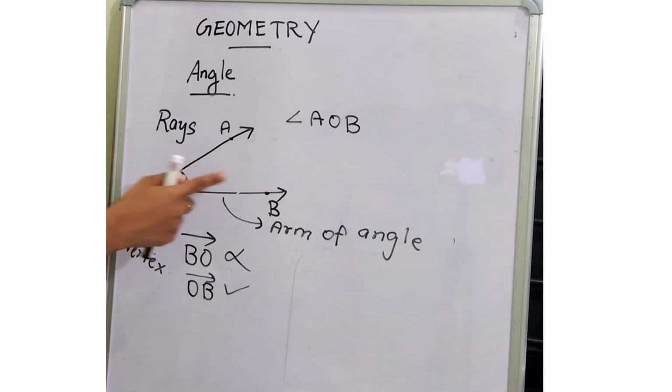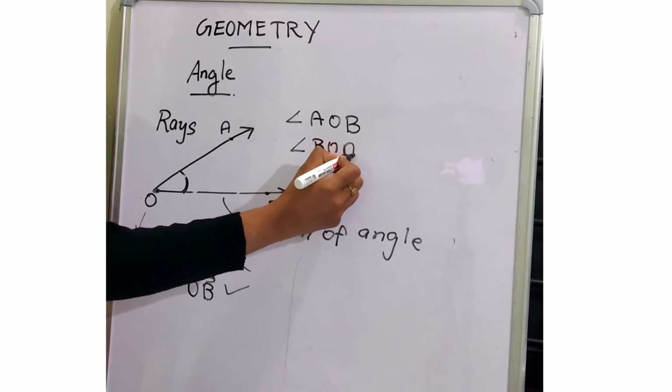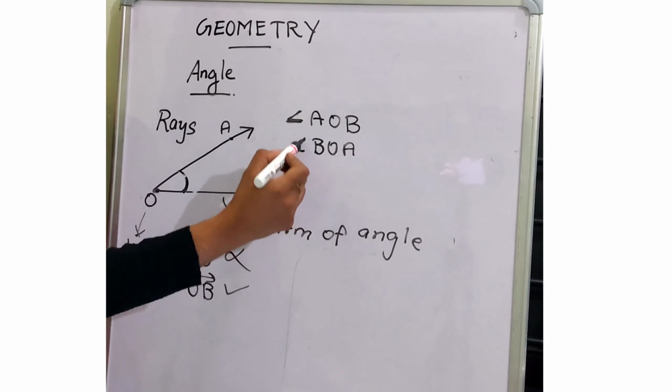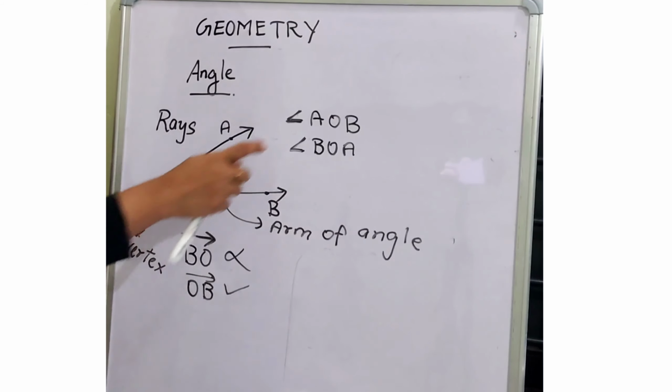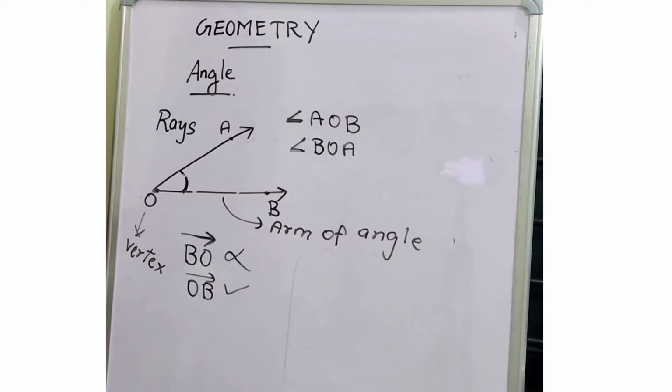Or you can also say this angle as angle BOA, ∠BOA. You denote an angle like this. And a ray is denoted like this, with an arrow mark. So, this is all about naming an angle. Usually, angles are named using capital letters. I hope you understood this.